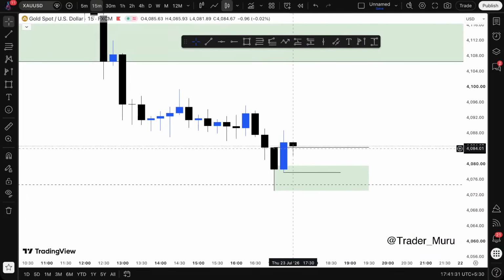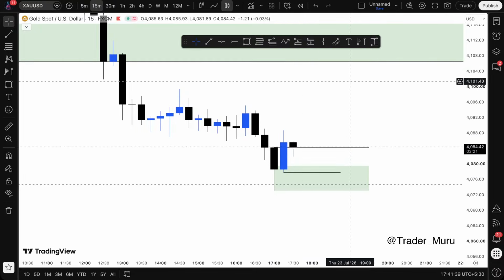Three minutes to close this candle. Price should hold this low to be bullish.